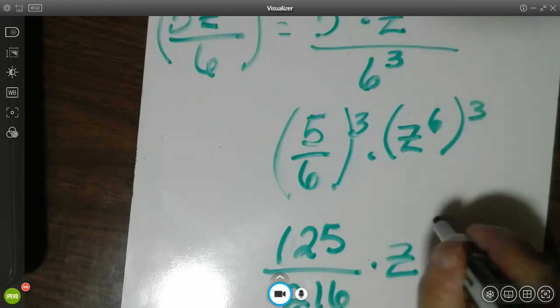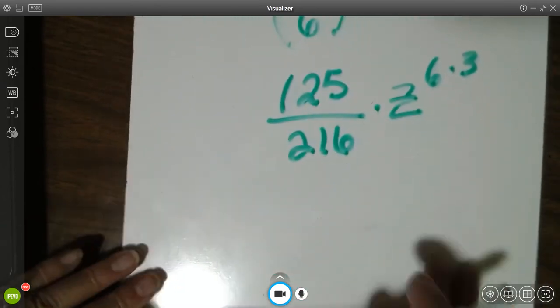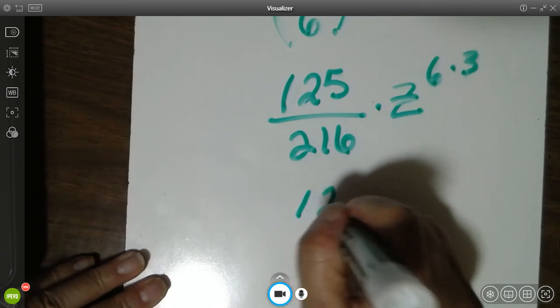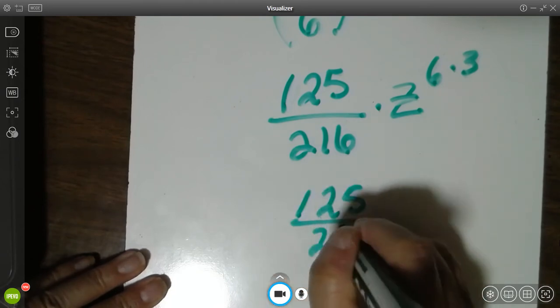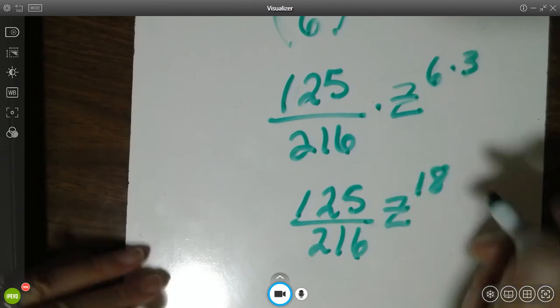Z 6 times 3. Bottom line, final answer, 125 over 216 times z to the 18th power.